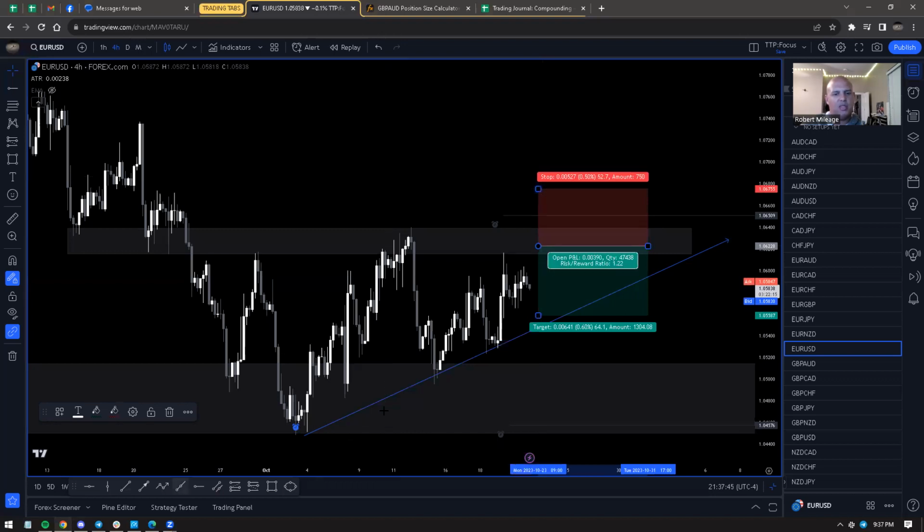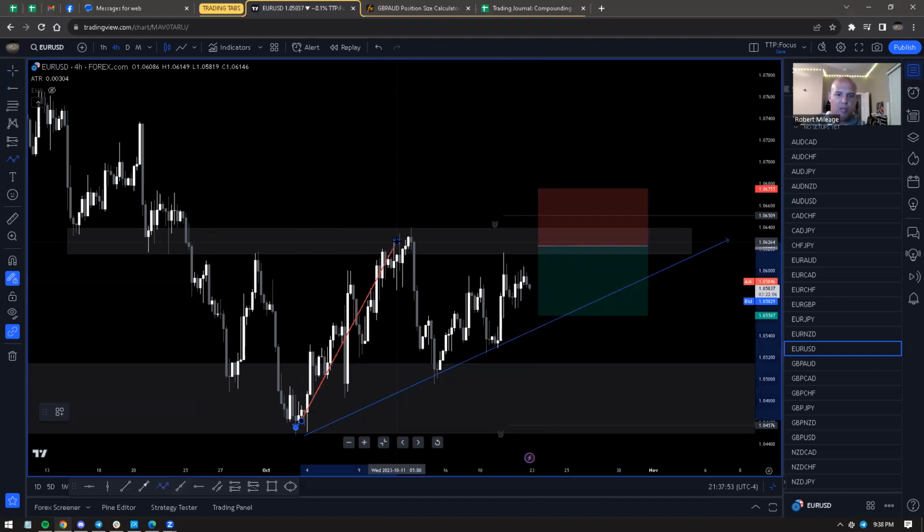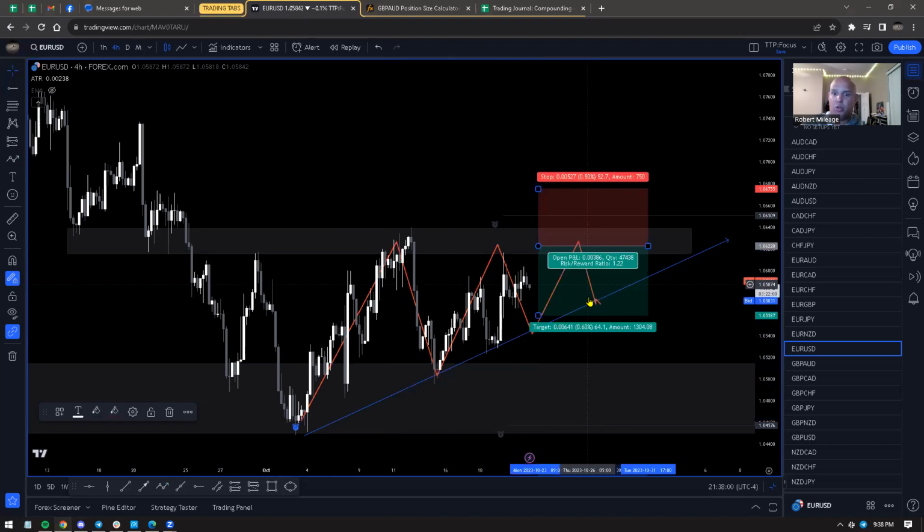The only problem is this has been respected on these lows, but it's not a nice trend all the way up. It would be nice if it was like a break up and then each time it did that, because then yes, I could feel a little bit more comfortable trying to target something like that, but it hasn't been like that.